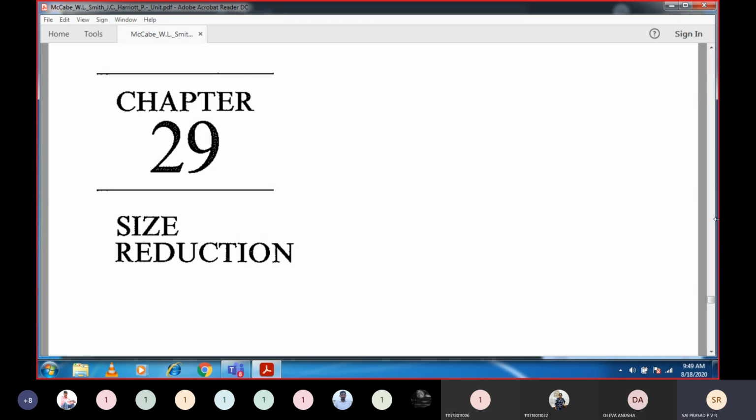There we used a single equipment called a pulverizer, but in reality n number of size reduction equipments will be used. So what are there and what is their hierarchy, everything we study in this.